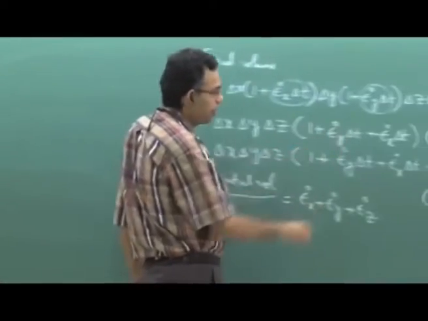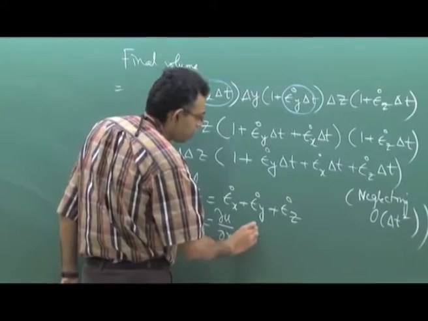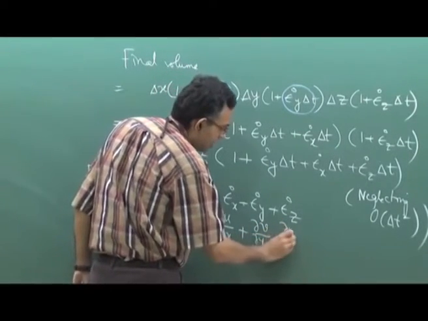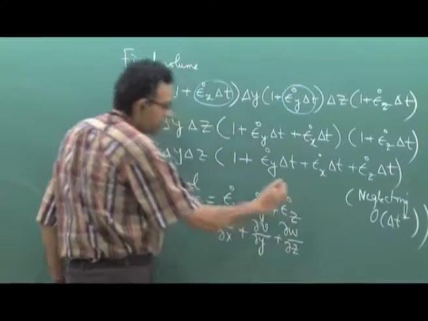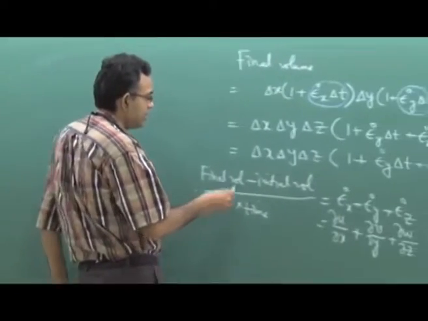So, we have shown that epsilon dot x is del u del x, similarly epsilon dot y is del v del y and epsilon dot z is del w del z. So, what does this indicate?